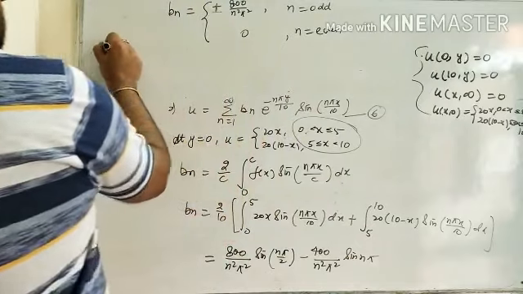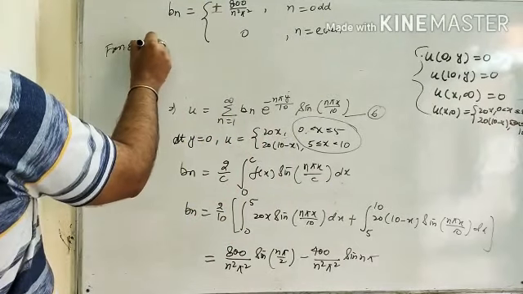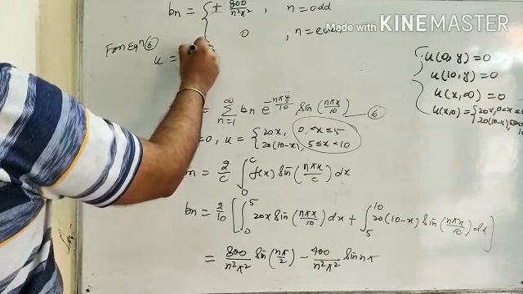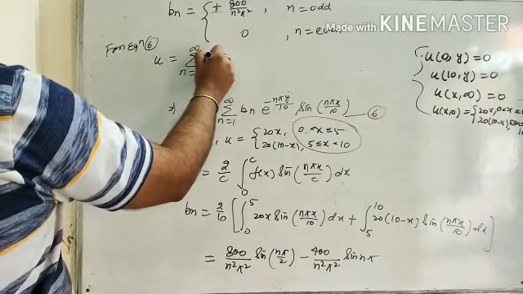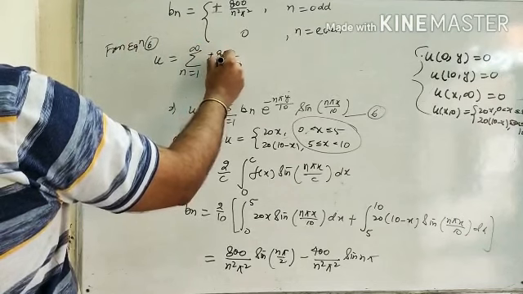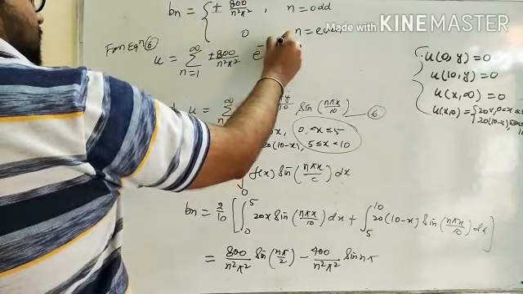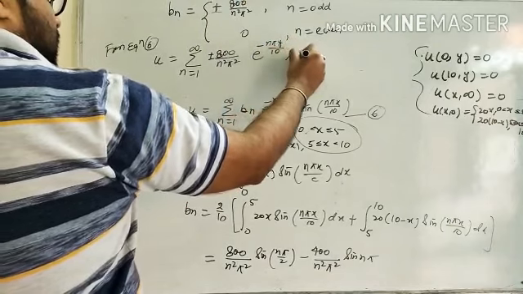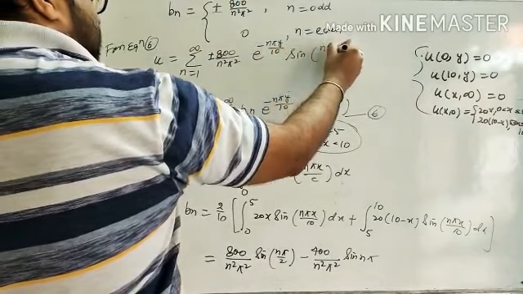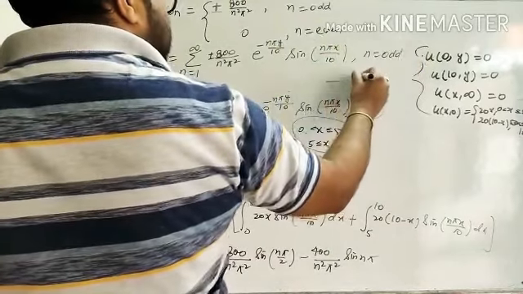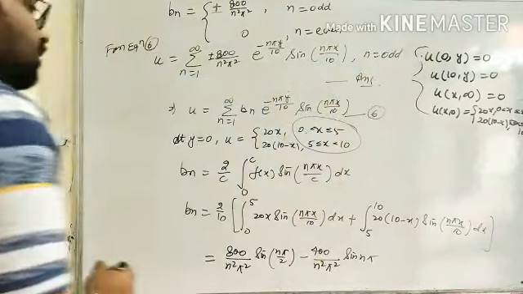So from equation number 6, u is equal to sigma n equals 1 to infinity plus minus 800 upon n square pi square e raised to power minus n pi y upon 10 sin n pi x upon 10 at n odd. So this is the complete solution of this kind of problem.